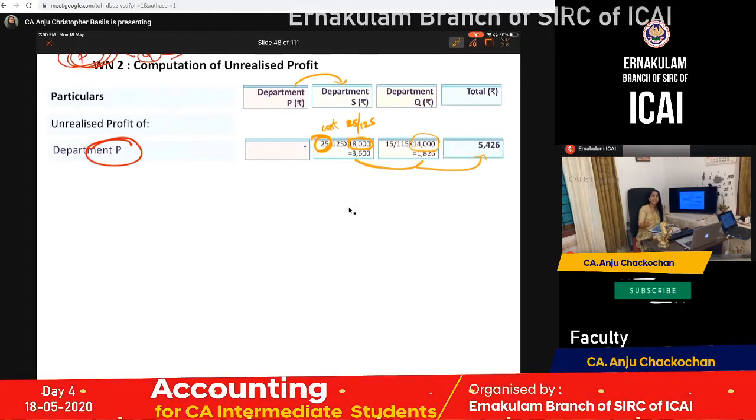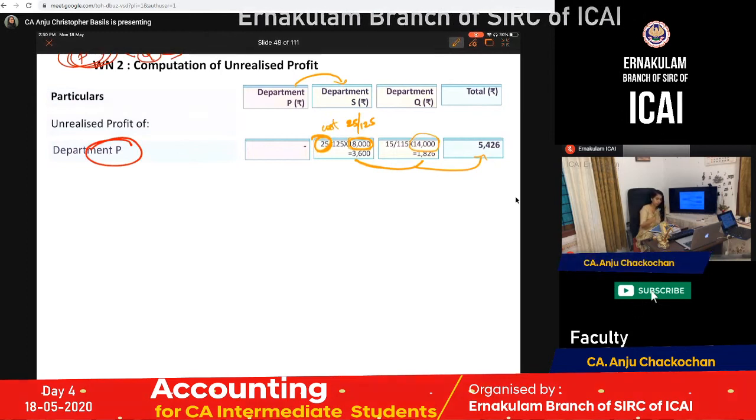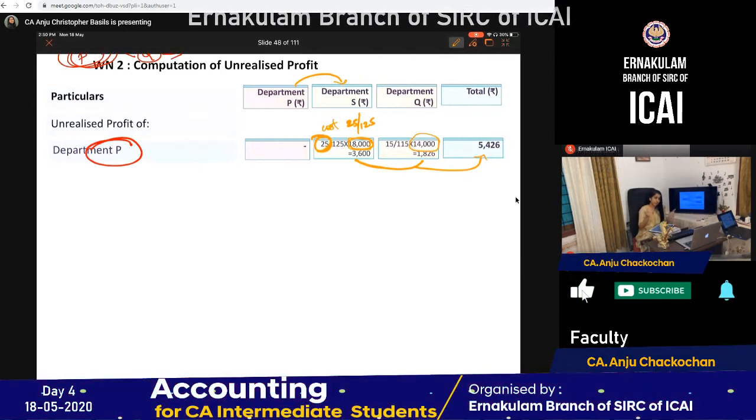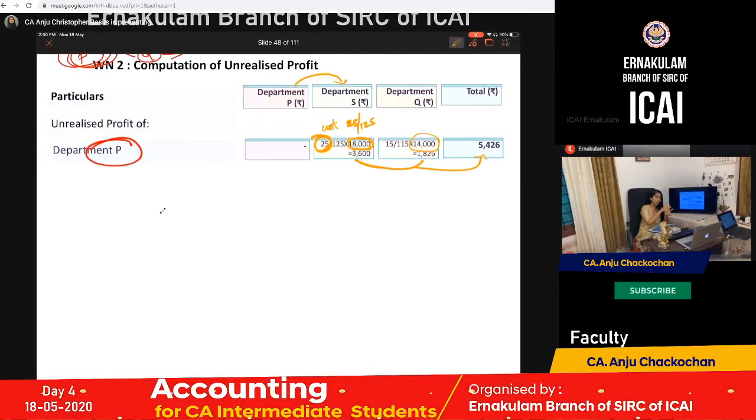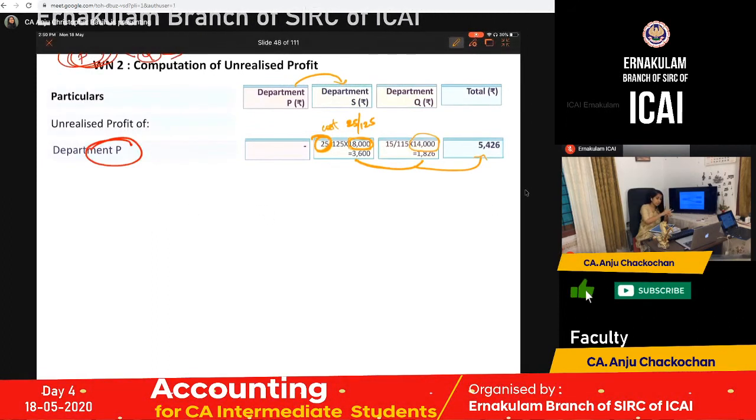3,600 plus 1,826, you get the total unrealized profit of Department P. How will you compute the unrealized profit?